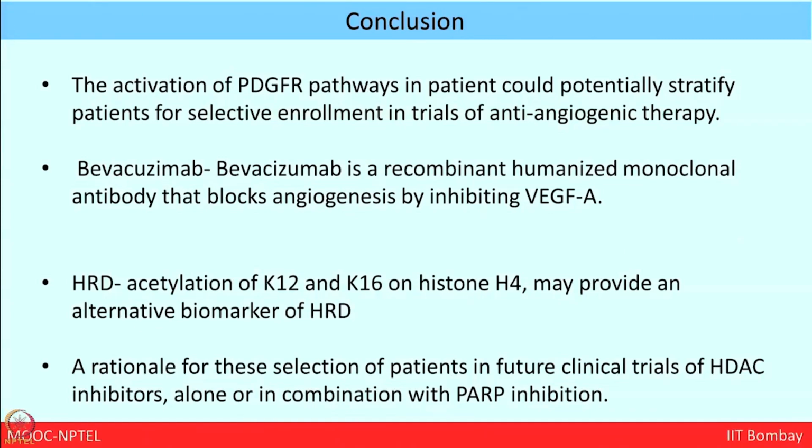So, the involvement of the PDGFR pathway in this cancer is also putting this recombinant humanized monoclonal antibody in the limelight. Apart from this, HRD acetylation, K12 and K16 on histone H4 may provide an alternative biomarker of HRD. A rationale for this selection of patients in future clinical trials of HDAC inhibitors alone or in combination with PARP inhibition can also be tried.